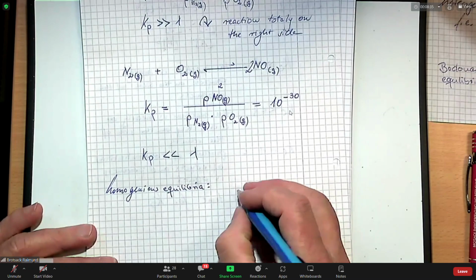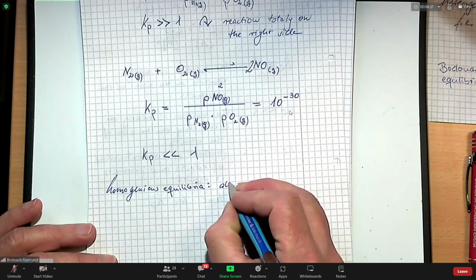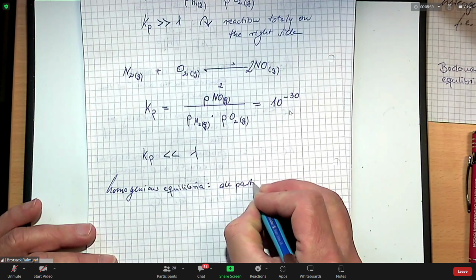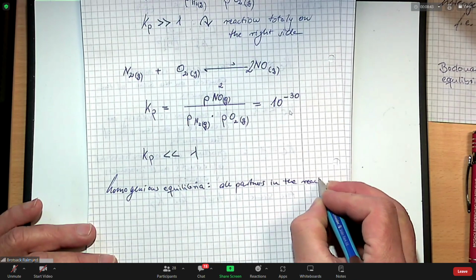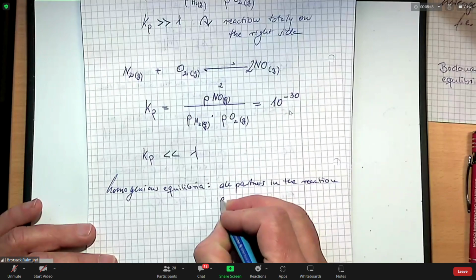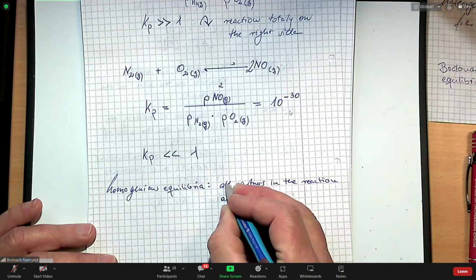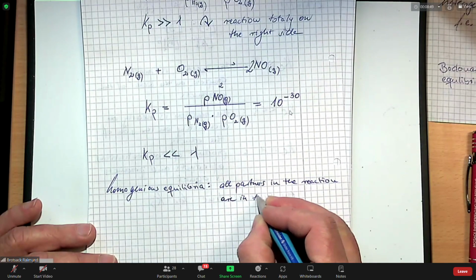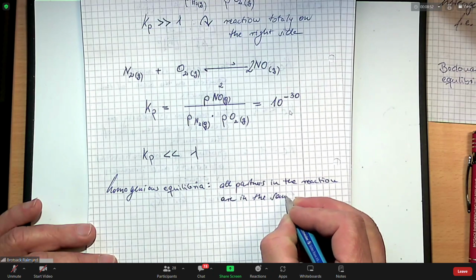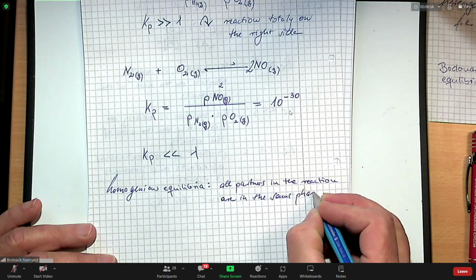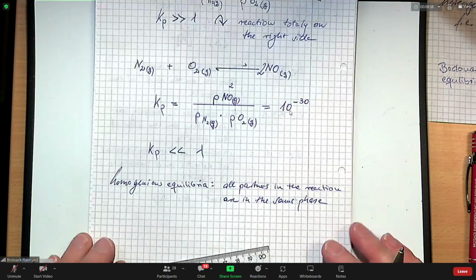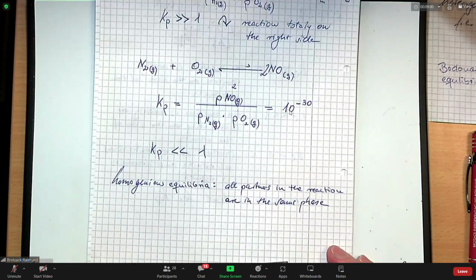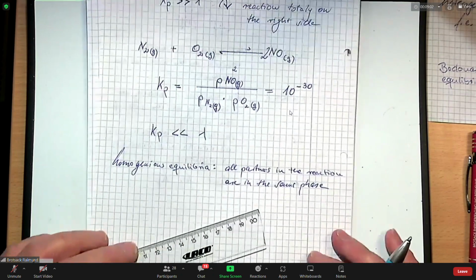All partners in the reaction are in the same phase. And you could imagine, when we talk about homogeneous, heterogeneous exists as well.